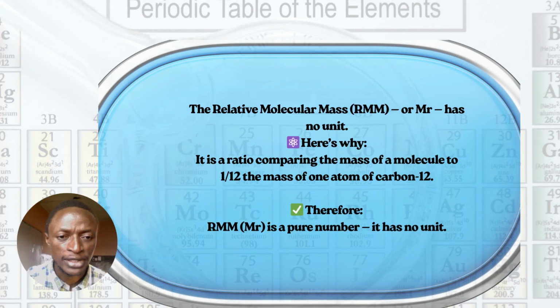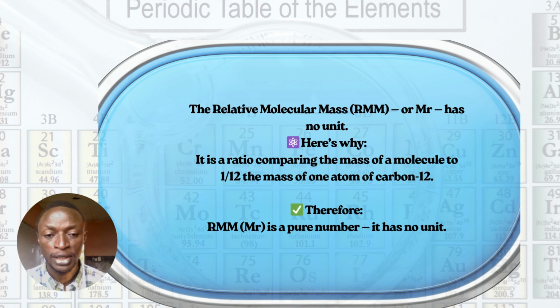The relative molecular mass has no units. It is a ratio comparing the mass of a molecule to 1/12 the mass of one atom of carbon-12. So when you calculate the relative molecular mass of a substance, you are not expected to put any units because it is a pure number.